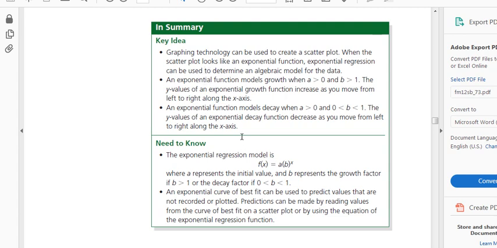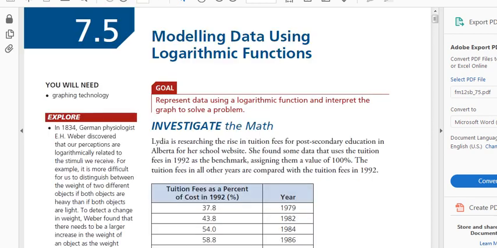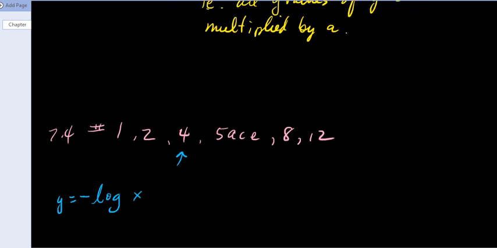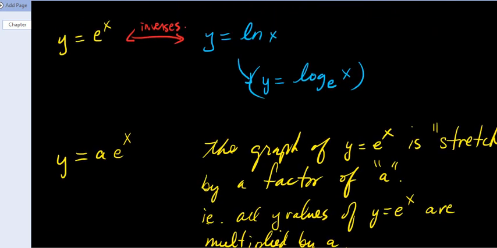So, all right, let's move over to 7.5, because 7.5 is also modeling data, but using logarithmic functions. So I'll spend just a little bit more time on this one. We're learning about log functions, right? If we go back to the notes from last day, we're talking about an exponential function, which may be a function like y equals e to the power of x, and y equals the natural logarithm of x.